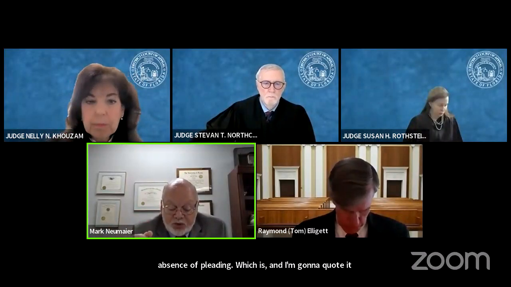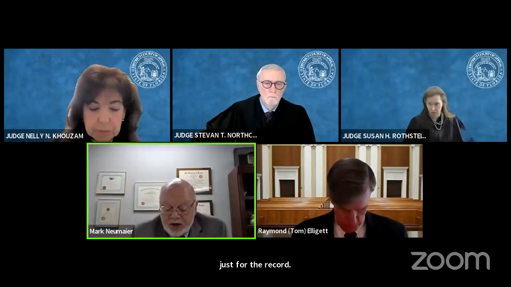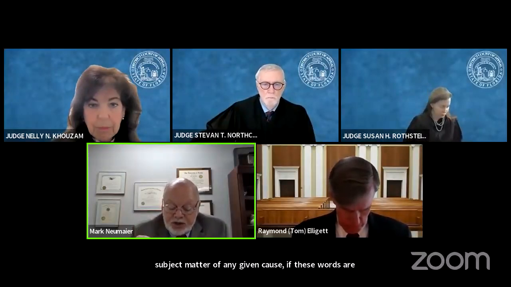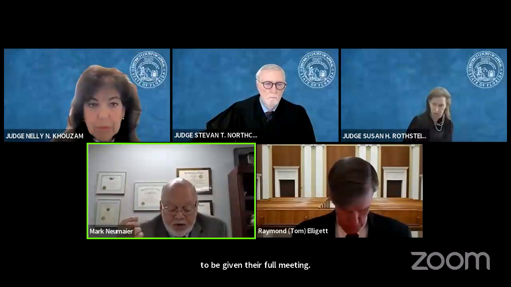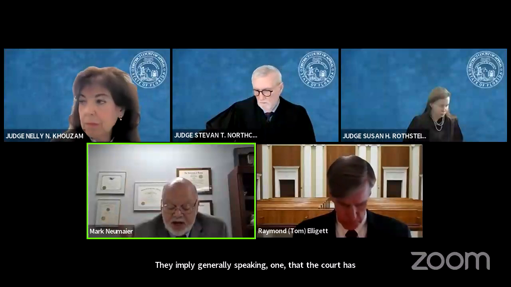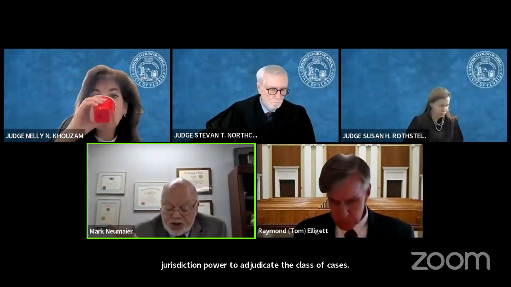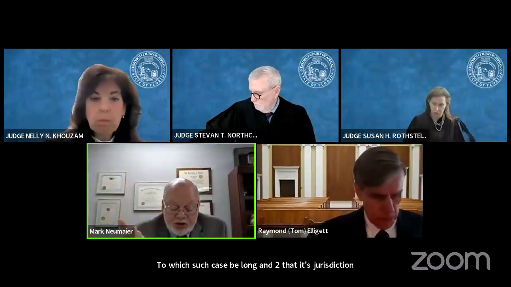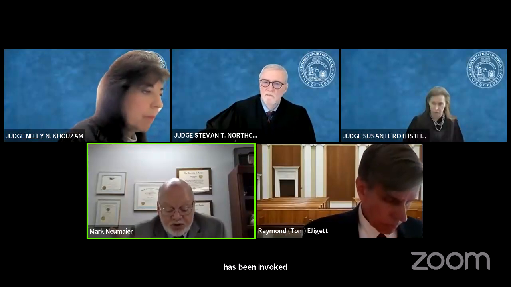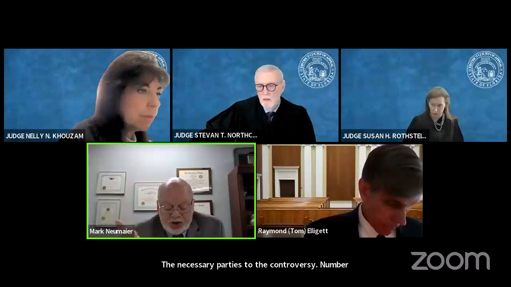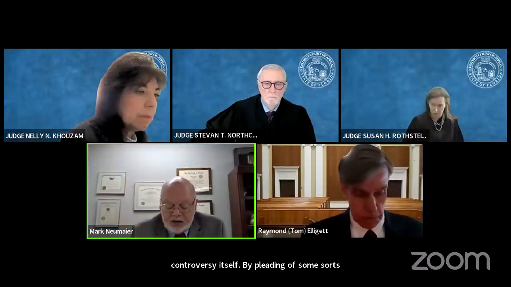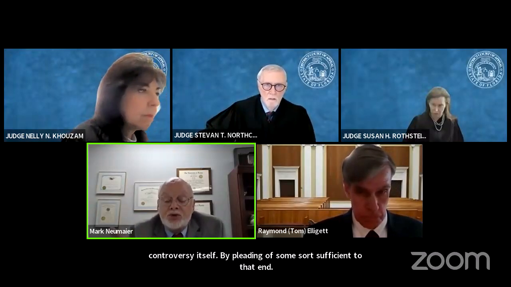When it says a court has jurisdiction of the subject matter of any given cause, if these words are to be given their full meaning, they imply, generally speaking, one, that the court has jurisdictional power to adjudicate the class of cases to which such case belongs, and two, that its jurisdiction has been invoked in the particular case by lawfully bringing before it the necessary parties to the controversy. Number three, the controversy itself by pleading of some sort sufficient to that end. And then number four deals with in rem jurisdiction.